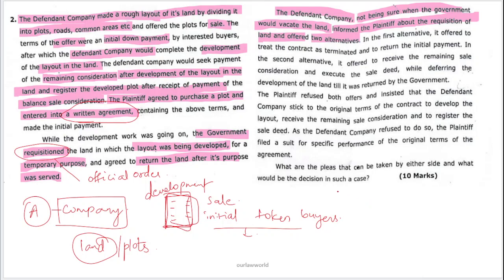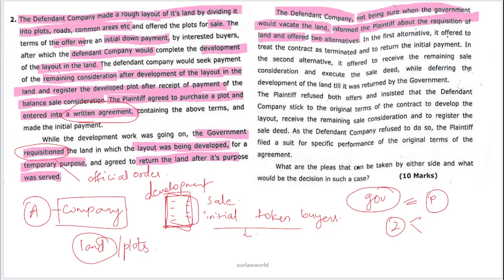So during the development process, the government wanted to use the land for some temporary purpose, and this became known to the company, and the company told this to all the buyers. In that, our plaintiff is one of the persons. The company has given two alternatives. So what are those two alternatives? We will see.